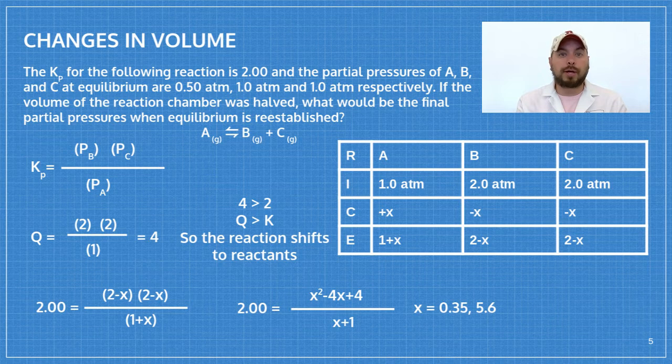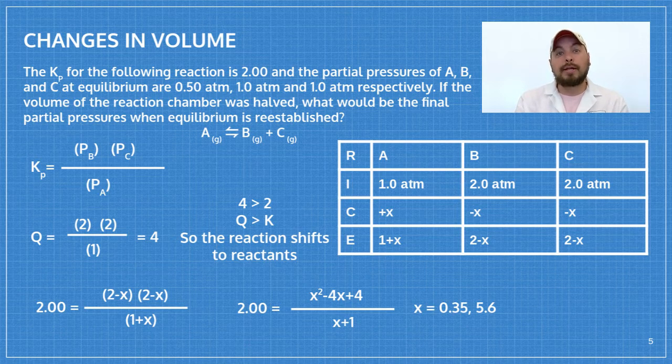Once we do our quadratic equation, once we FOILed everything and made sure that all the math is right, X could either equal 0.35 or 5.6. Now, it couldn't be 5.6, though. The reason is because you can't have a negative pressure. And 2 minus 5.6 would be negative, so you can't do that. So the only reasonable answer here would be X equals 0.35.